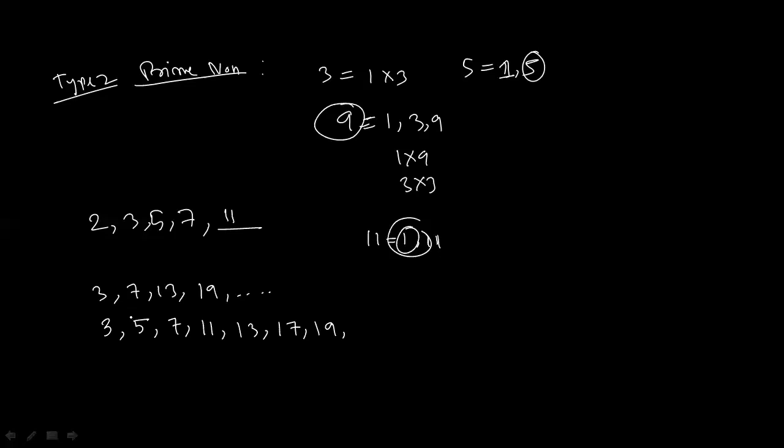That means if you pick alternate terms from the prime numbers: 3 is there, then omit 5, 7 is there, then omit 11, 13 is there, omit 17, 19 is there.